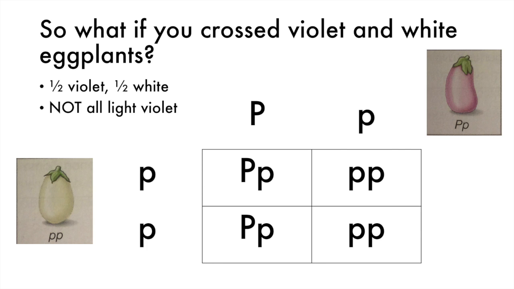If we had blending going on, if it wasn't a particulate case, then you would expect that crossing violet eggplants and white eggplants would give you a lighter shade of violet, something between violet and white. But that's not what we observe. So still, we have a particulate mode of transmission of hereditary information. So it's not blending.